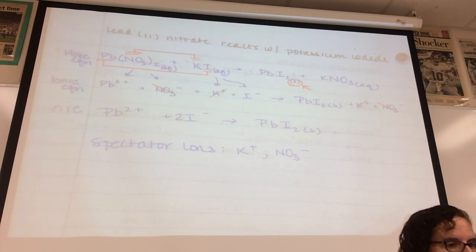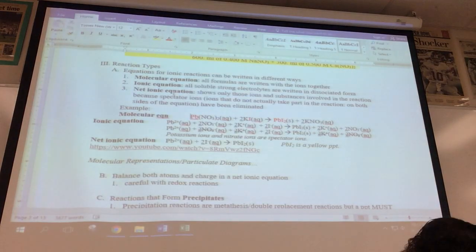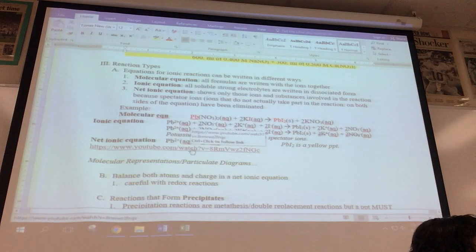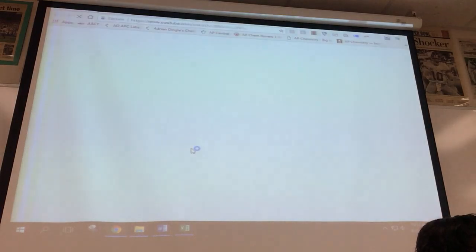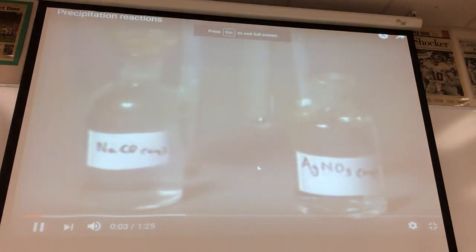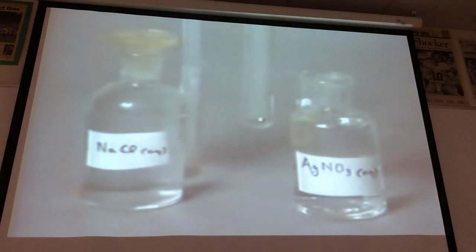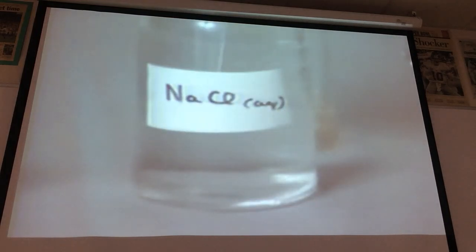Let's take a look at precipitation reactions, double replacement reactions, in this regard. The first precipitate will be produced from aqueous silver nitrate and aqueous sodium chloride. Aqueous sodium chloride is added to the silver nitrate solution.